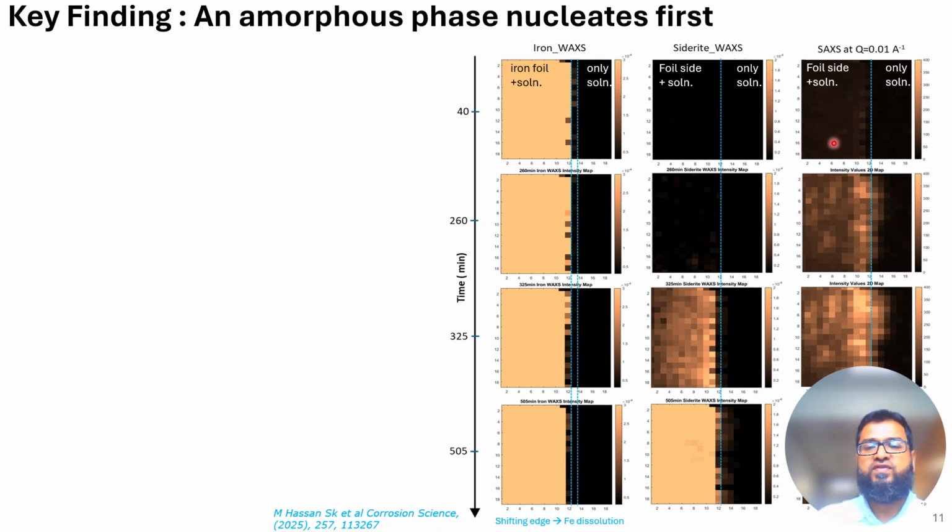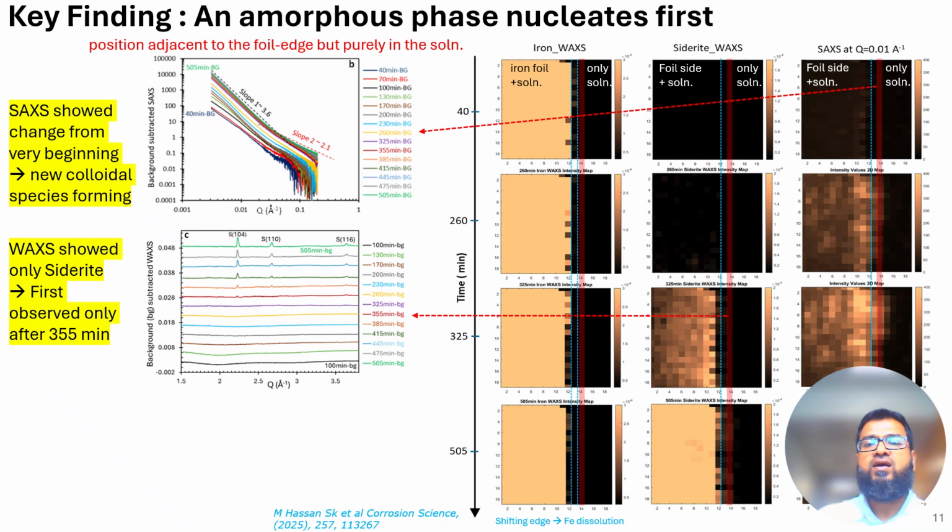We have proved that in this paper, not going into detail of that, but to avoid that confusion, we chose a layer which is purely in the solution, adjacent to the foil but not on the foil.